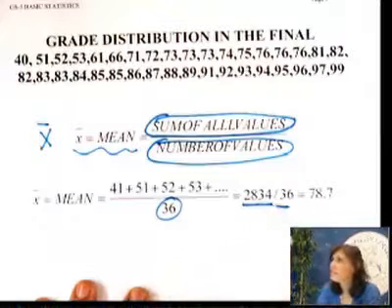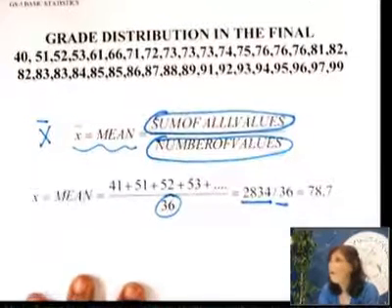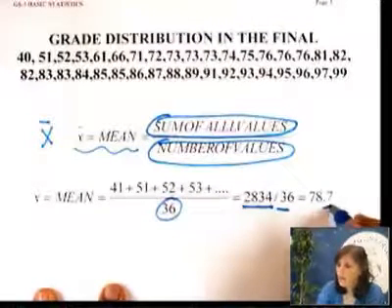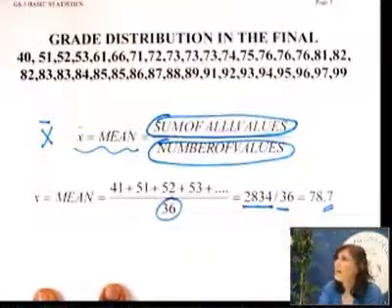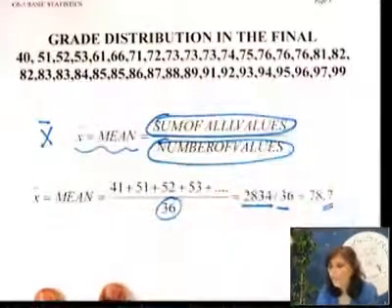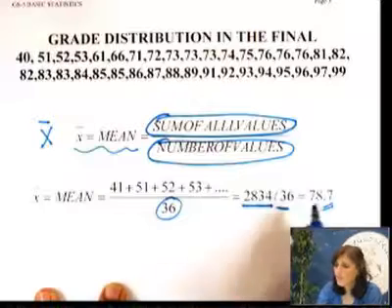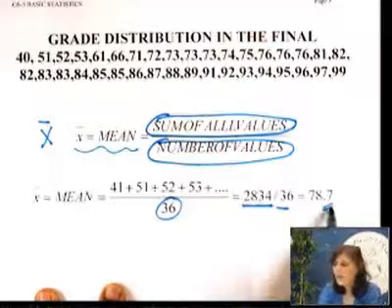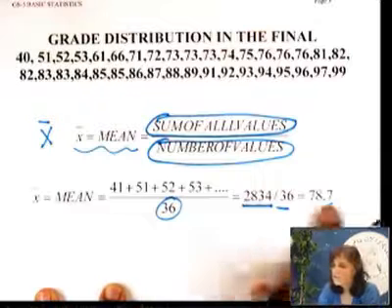That gives me 78.7. Now, one rule of thumb: do not go beyond one more decimal than your data has. Your data doesn't have any decimals, so too many decimals doesn't make a whole lot of sense. So have at most one extra. So 78.7.